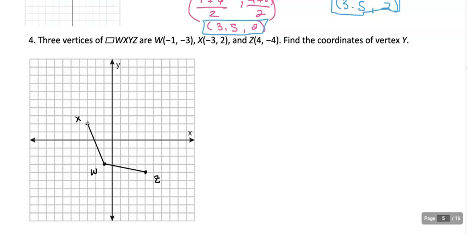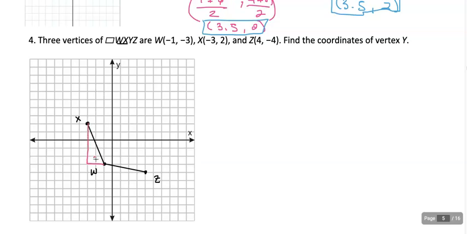So you could figure out the distance of YZ, and you can use the slope here too to help you. So to get from W to X here, I'm going to use my slope to help me figure that out. And how do I get there? So here, I'm going to go 1, 2, and then left 2, and then 1, 2, 3, 4, 5.